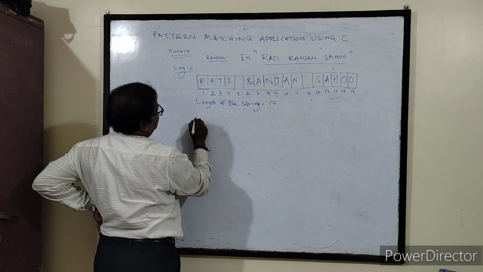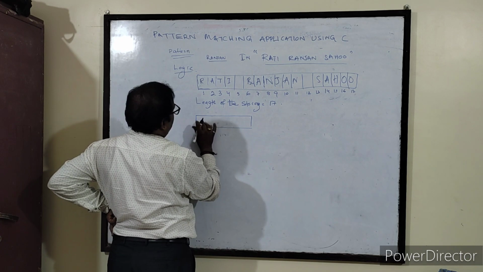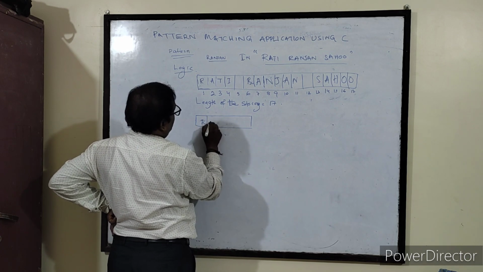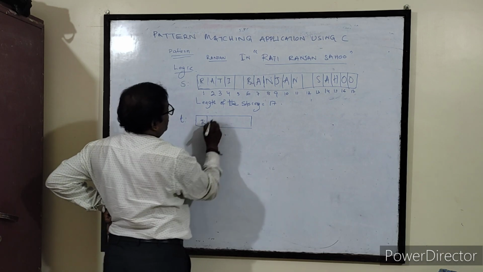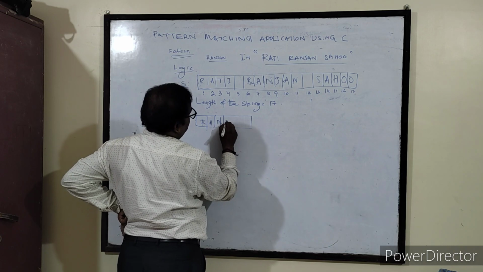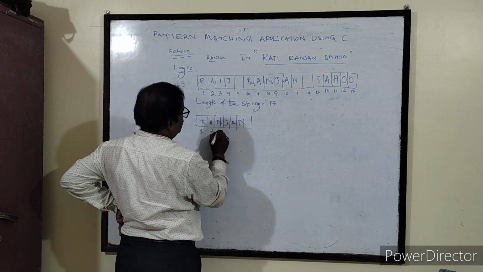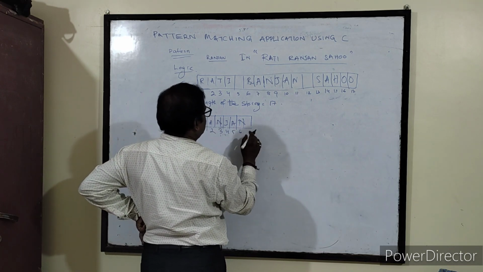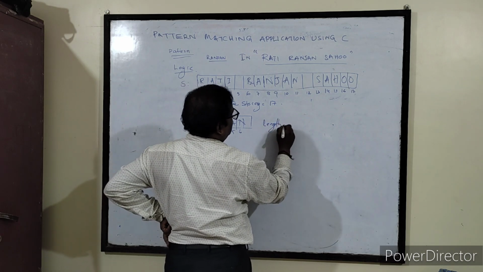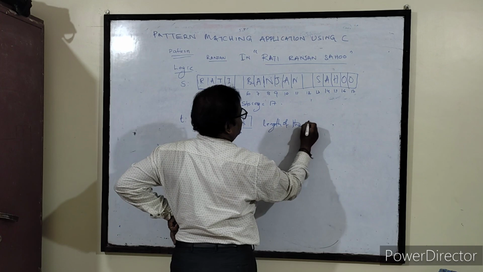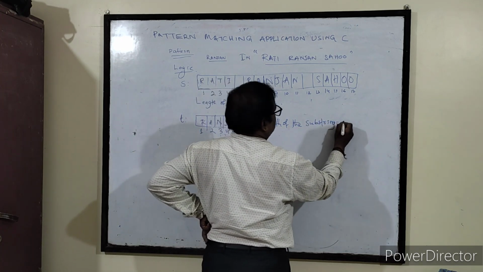If I say the substring, what is the length of the substring here? Suppose I write here R A N J A N. What are the characters here? 1, 2, 3, 4, 5, 6. So the length of the substring is equal to 6.